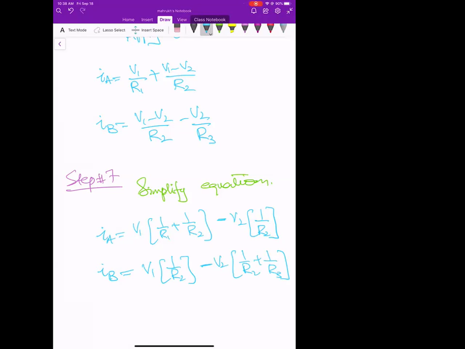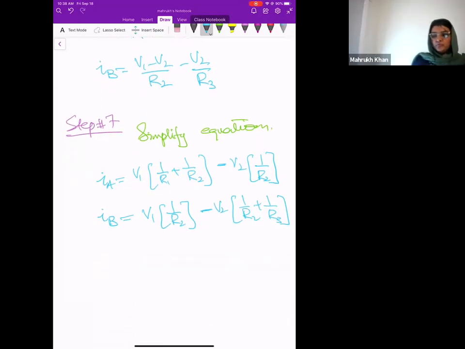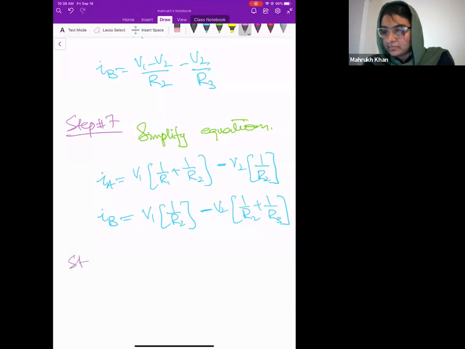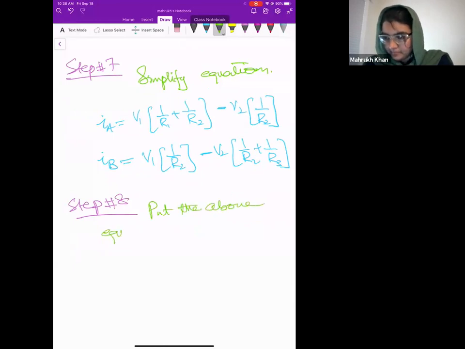Yeah, I understand that. Okay, so now you know that there are two equations and two unknowns, right? And these are the set of linear equations that we have made. So we can put them in matrix form.